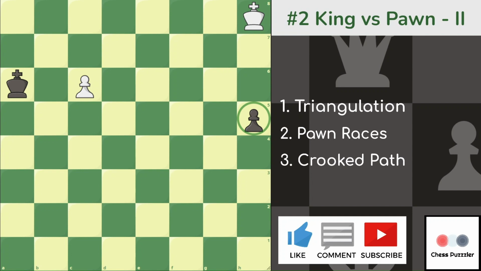Because obviously white is behind the pawn and white simply cannot catch up with the pace of the black pawn. Furthermore, the c pawn that white has is quite comfortably controlled by the black king. Why? Because we can see that the black king is inside of the square of the white pawn.